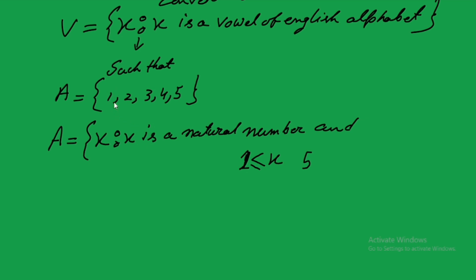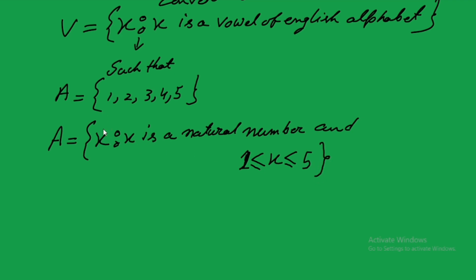Here we find that x is more than or equal to 1, and here the natural number is 5, so x is less than or equal to 5. In that way we have well defined our conversion. So you have to close your curly braces.